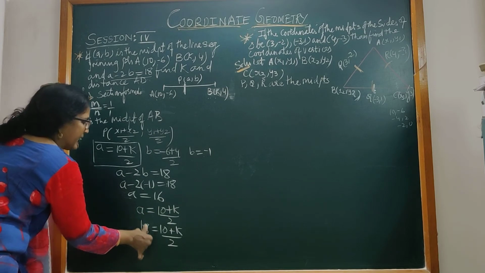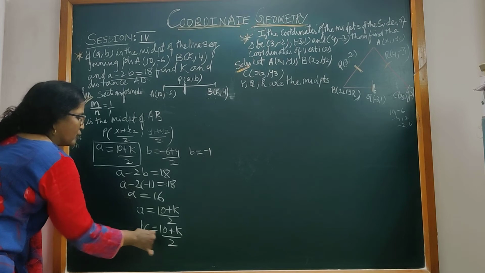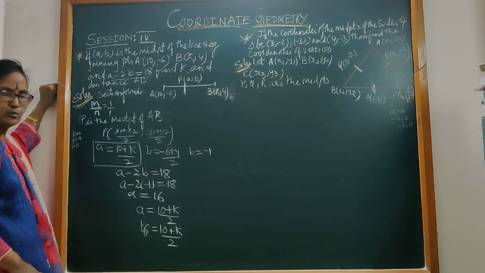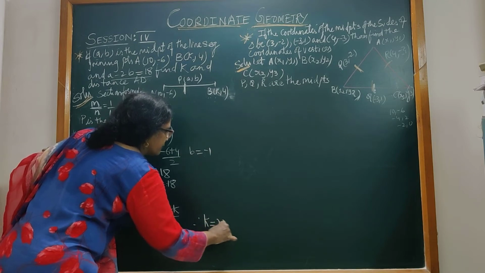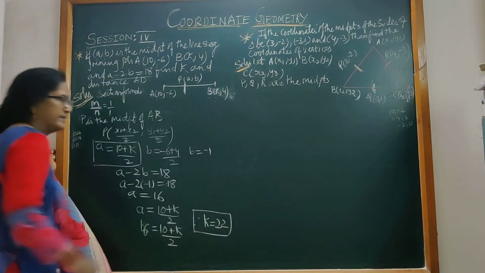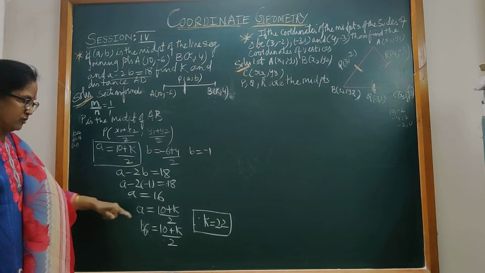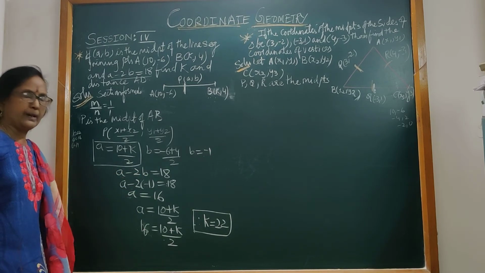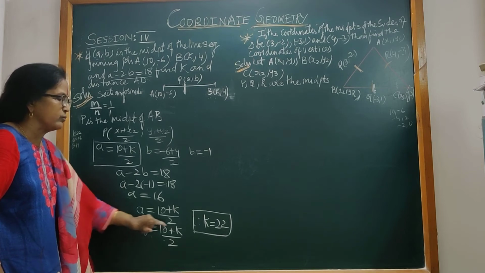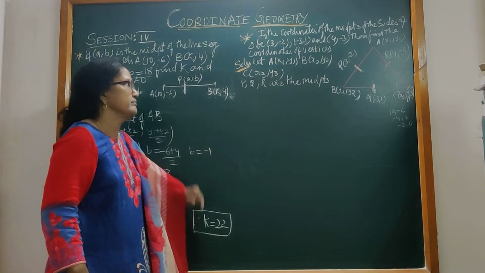Now a I am keeping as 16 here. So 16 2s are 32. So 10 plus k is equal to 32, therefore k is equal to 20. So you got the value of k as 20.